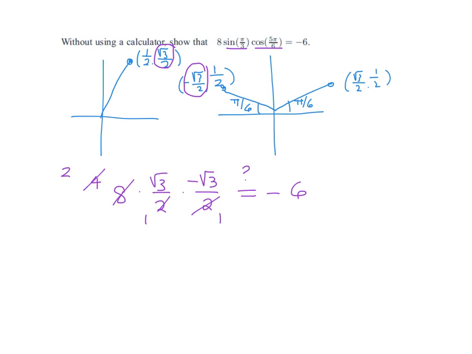So we're left with 2 times square root of 3 times negative square root of 3. This makes it 3. And 3 times 2 is 6, but we have a negative, so negative 6. So yes, that's true.